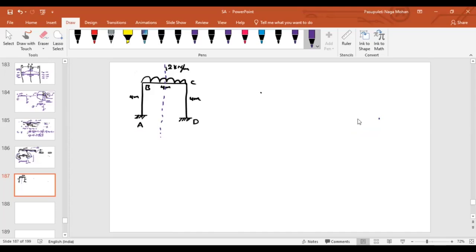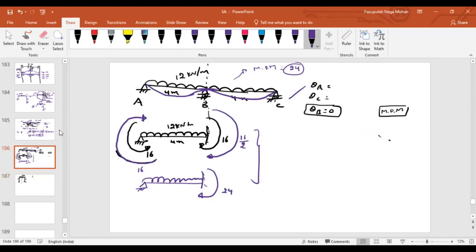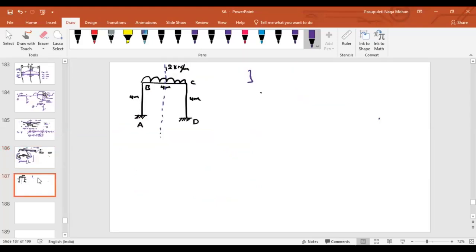Now, in this case, how can I solve it by using the moment distribution method? What do you think, where should we apply the correction? In the previous case, we imagined it as a fixed support and then solved the problem. We made no changes. But what about this problem? Thinking generally, tell me whether corrections will be applied or not.